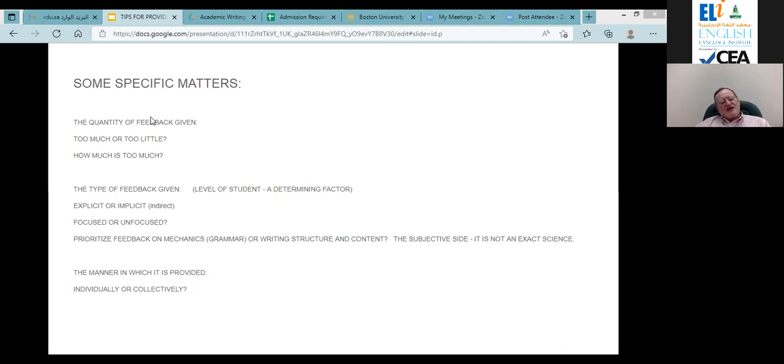Now, if you're teaching level 1 and a student makes a mistake with an if clause, are you going to correct it? Don't bother. He hasn't even learned if clauses. First conditional, maybe, second conditional, no. Don't even go there.